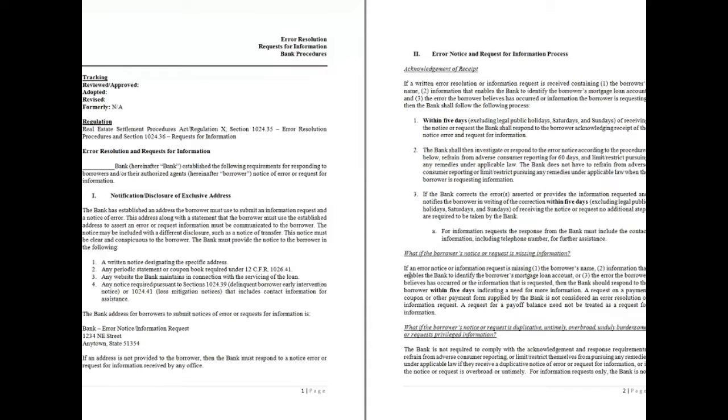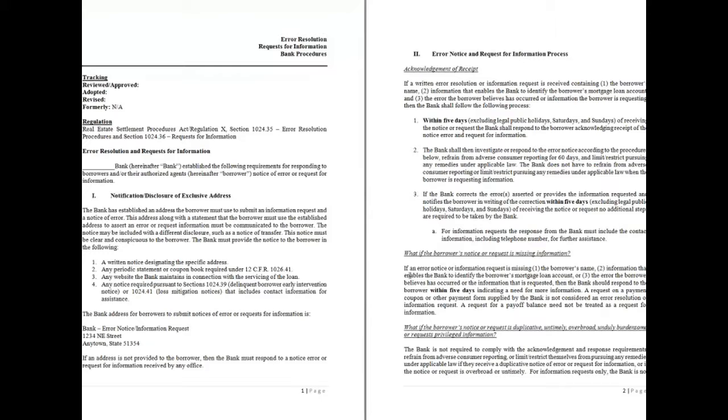Of course, I wouldn't suggest that any of you take a template procedure and just adopt it without customizing it to your bank. Procedures are very customized from bank to bank, or they should be anyway. But this at least provides all the information that would potentially need to be addressed in your procedures.